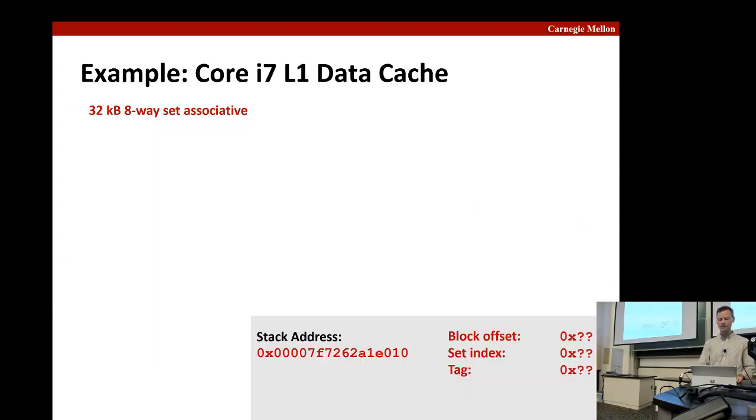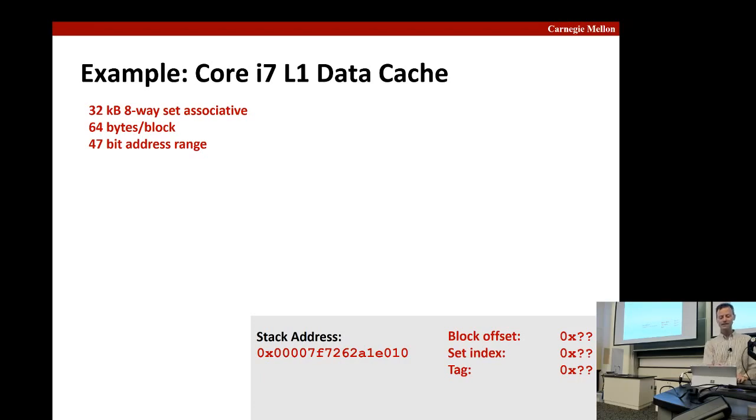Okay, so let's drill down a little bit more on that. Let's suppose that we use some realistic numbers instead of the toy numbers we've used before. So we have a 32 kilobyte 8-way set associative L1 data cache.